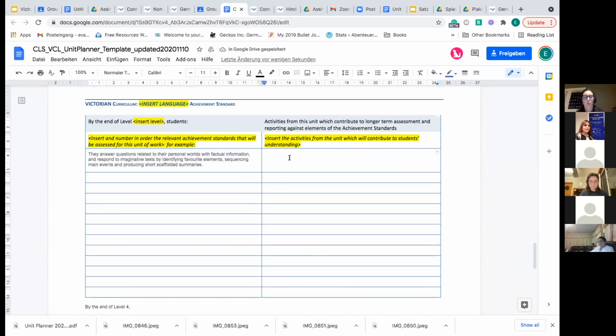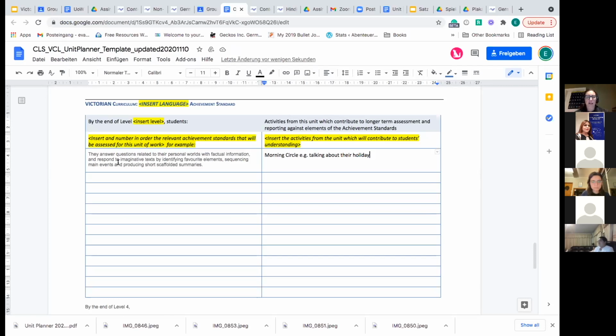And I put in what activity we do that in. We do that in the morning circle, example given, talking about their holiday, because that's factual information they give, and they have to sequence main events.